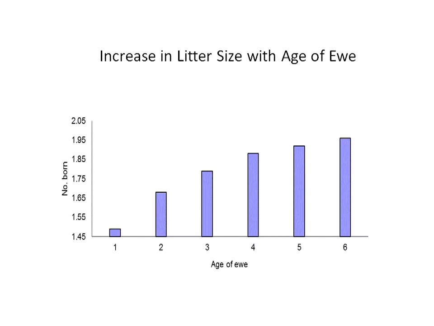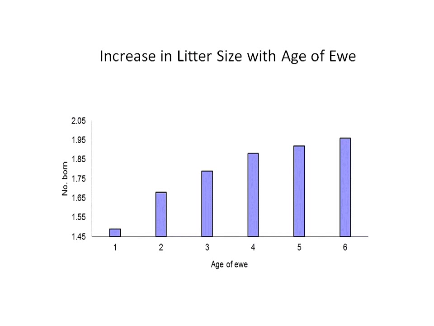We know that litter size in sheep increases with age. Here are ewes lambing at 1, in this second study, actually. And they dropped just over 1.45 lambs. At 2, 1.65, 3, 1.77, and so on.